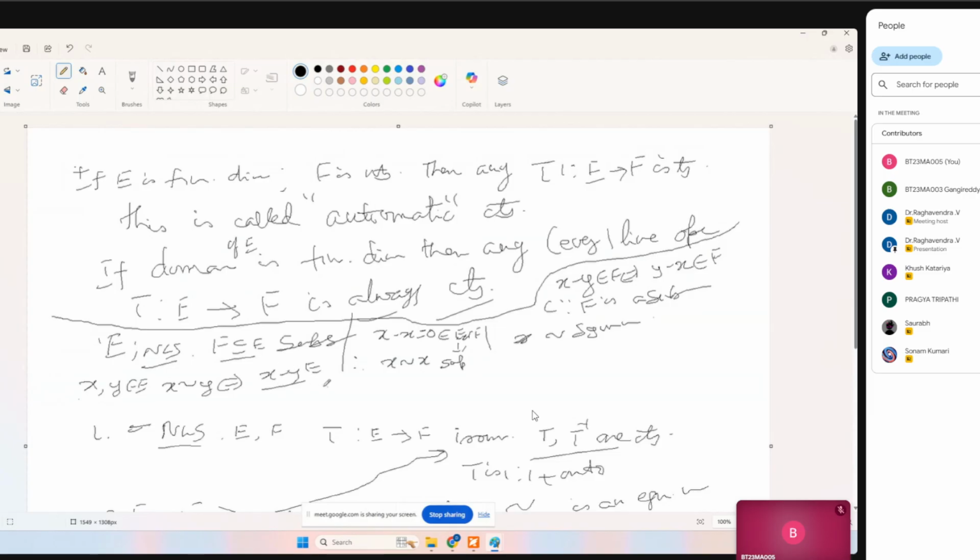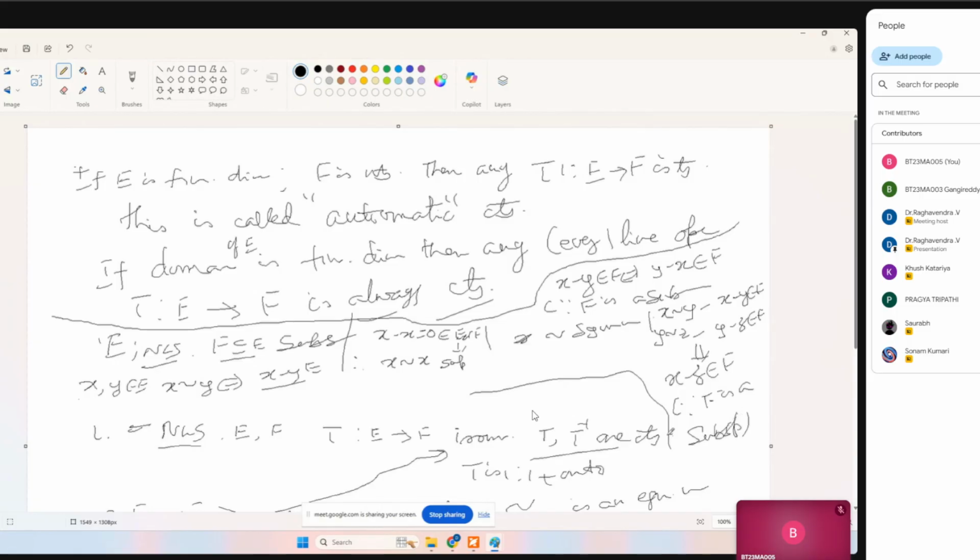Now, x related to y, y related to z. This means x minus y is in F, and y minus z is in F. This implies that x minus z is in F because F is a subspace.